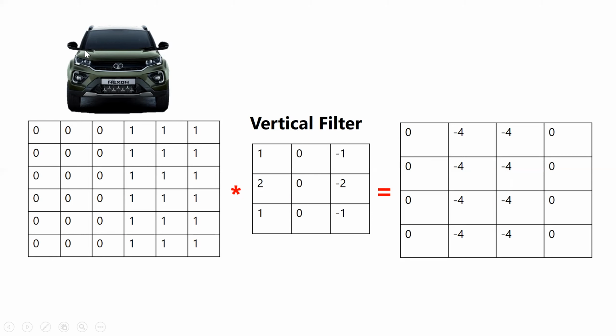So the pillars of this car, the A pillar and B pillar, will be identified. From the tire to the bonnet, it will be identified. Here also, from tire to bonnet, it will be identified. Then when we apply the horizontal filter, this particular roof and this particular bumper will be identified.